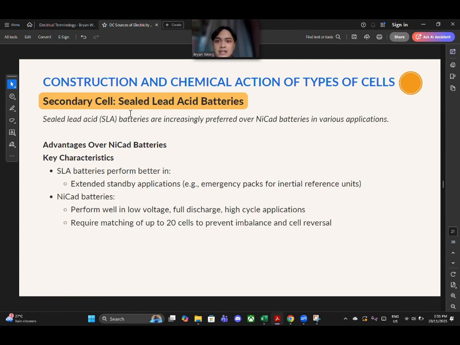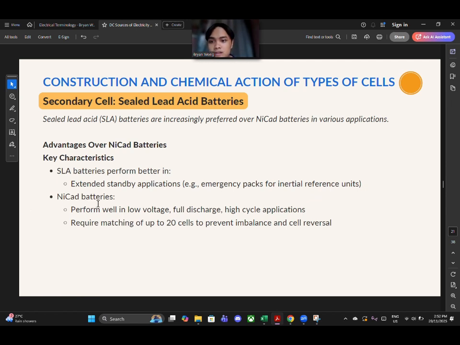Next, we're still in secondary cells, but now sealed lead acid batteries. Sealed lead acid batteries are increasingly preferred over nickel cadmium batteries in various applications. Let me read the key advantages. Sealed lead acid batteries perform better in extended standby applications, for example emergency packs for inertial reference units.